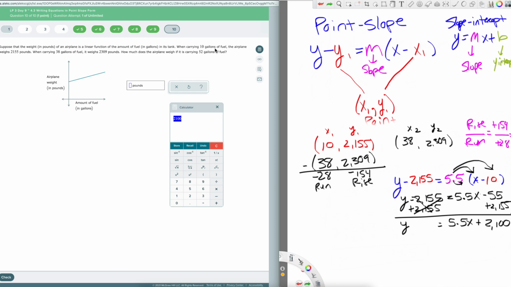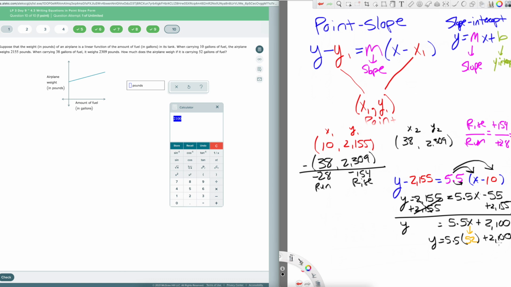So if x, that's the number of gallons, is 52, then y equals 5.5 times 52 plus 2,100. And having it in slope-intercept form, I know how much the plane weighs at the beginning, because my starting point is the y-intercept. Well, my y-intercept is 2,100 pounds. That's what the plane is going to start at.